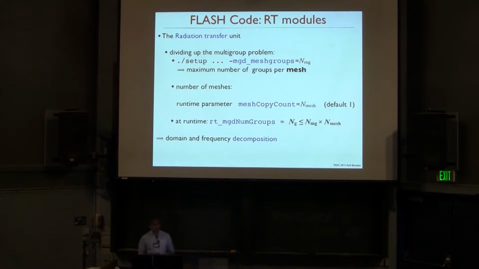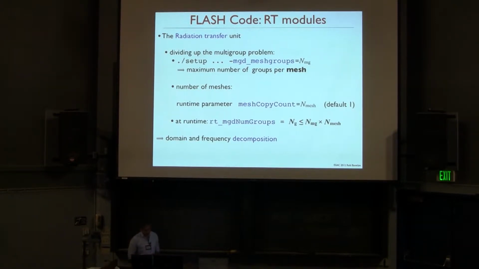The default value here is 1, and if you increase this, you can also divide your problem into frequency decompositions or frequency bins, where you collect the number of groups on a single CPU.